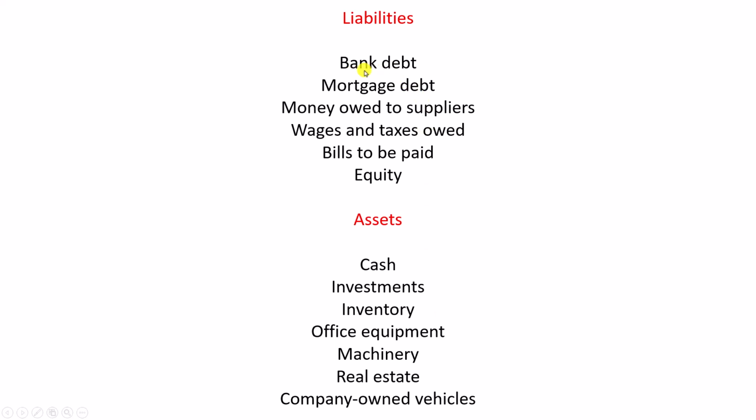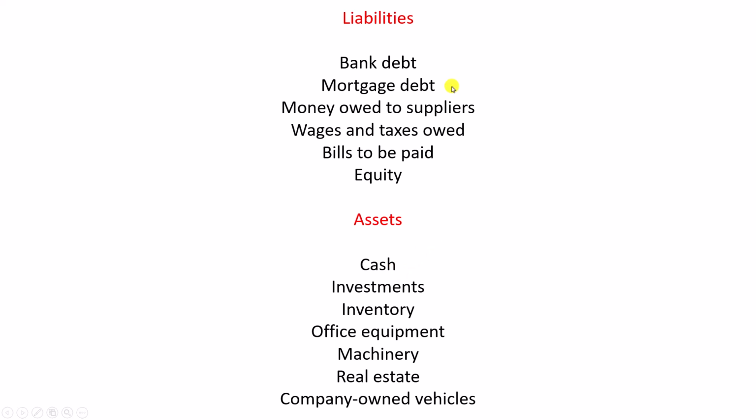You see, the bank debt is nothing but the money taken as a loan from the bank. The company can take a loan and deposit the money somewhere else, somewhere where it can get higher returns.